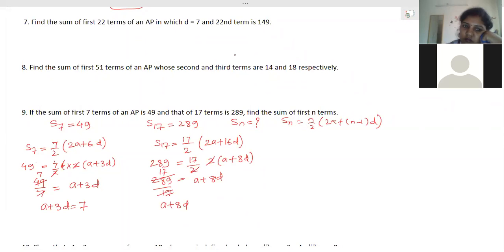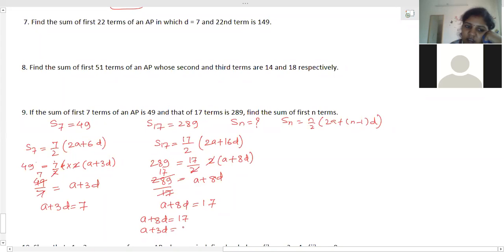So a plus 8d is equal to 17. Now subtract both the equations. a plus 8d is equal to 17, a plus 3d is equal to 7. When you subtract, a gets cancelled. 5d is equal to 10. So the value of d is equal to 2.